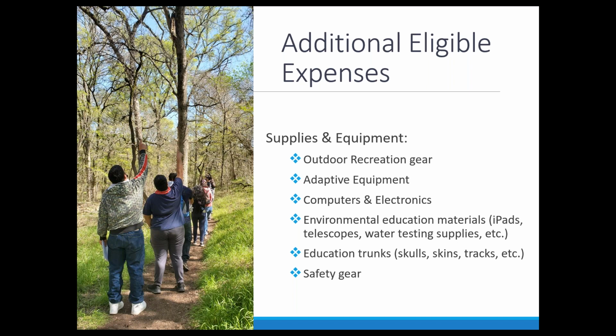We do have some projects that are incorporating participant learning and development with drones, so that would be an eligible expense. Any of those environmental education materials like water testing supplies, microscopes, telescopes, those education trunks, which you can either include as the individual items or you can buy those in bulk that are already prepared for. All of those are eligible.